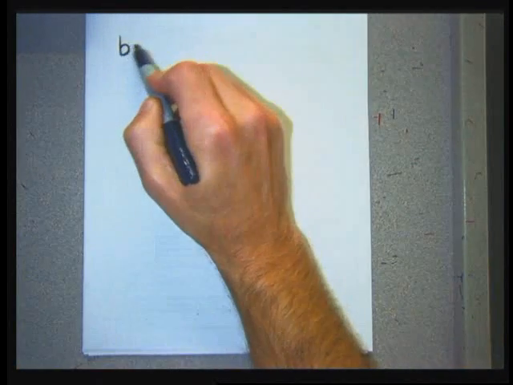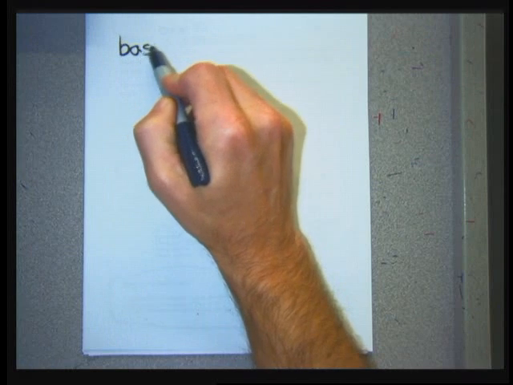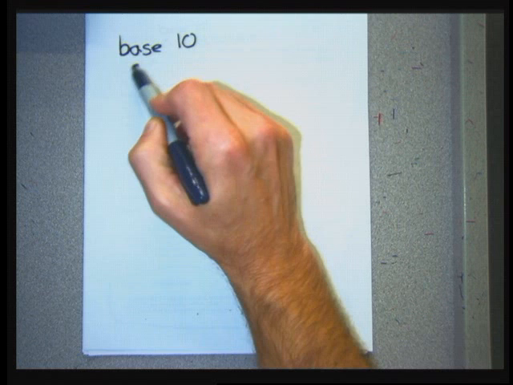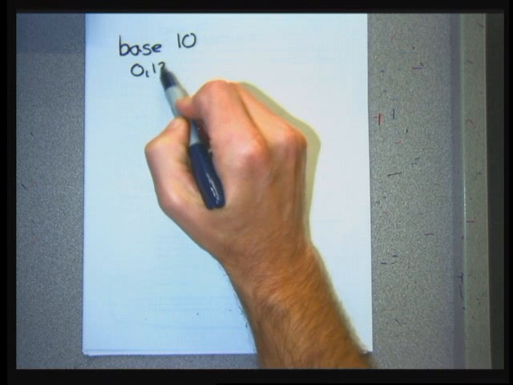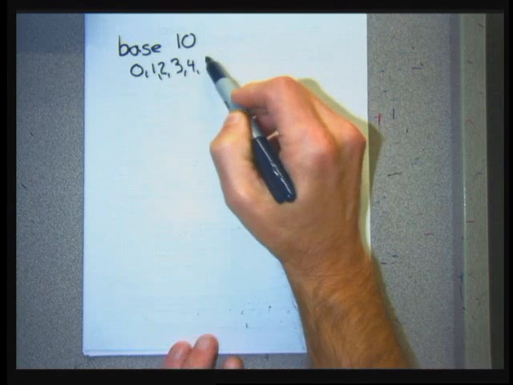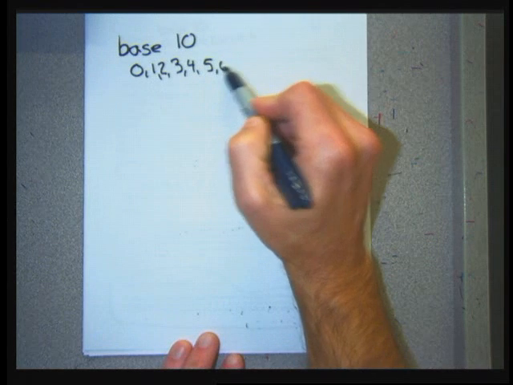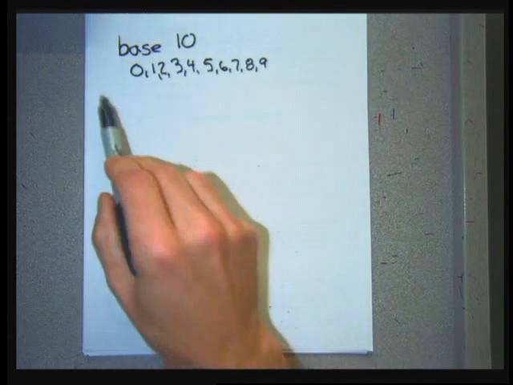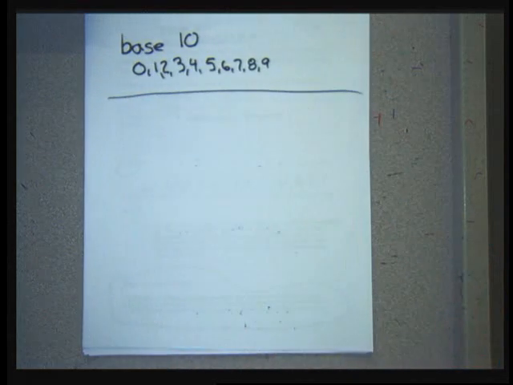that in different bases of numbers, only certain numbers are usable. So we live in base 10, so we can use 10 different numbers, the numbers 1 through 9 and 0.